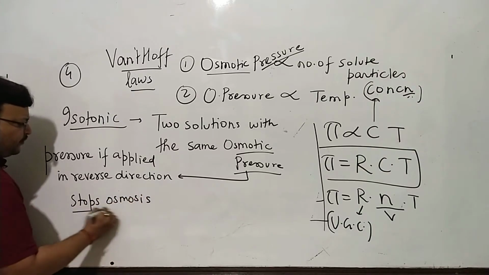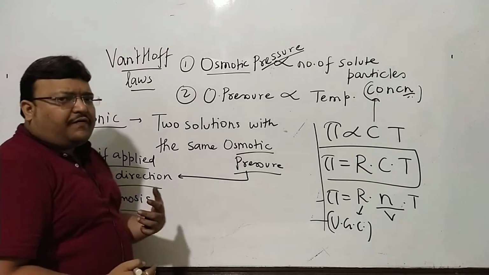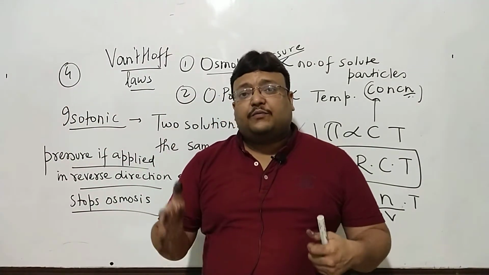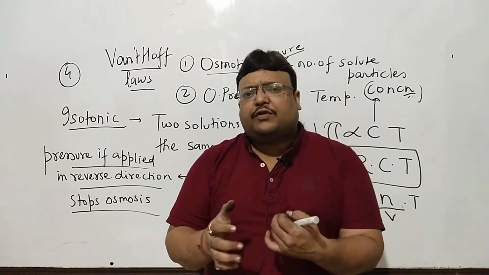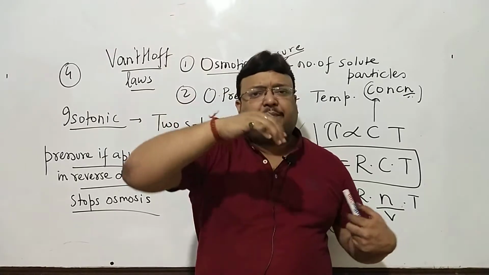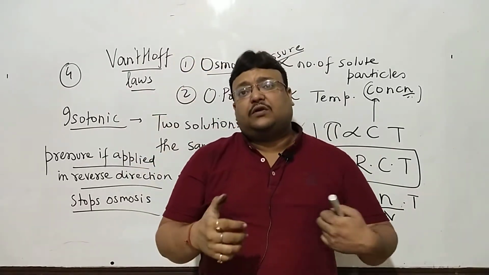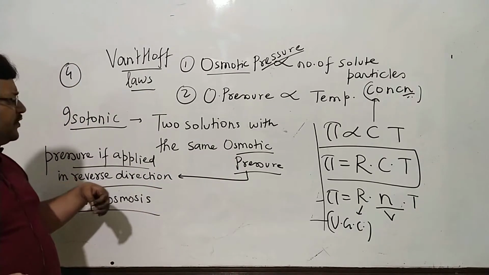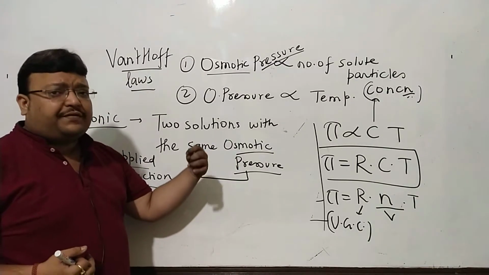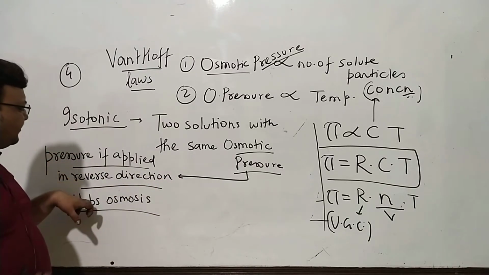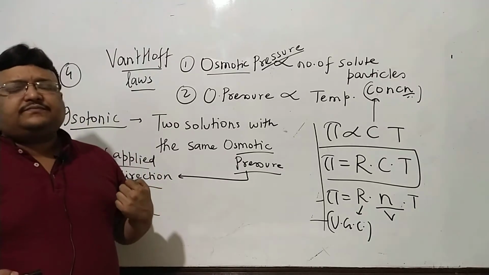So naturally, if water was moving from A to B in the previous example, the pressure which you need to apply over B so that osmosis stops is a very popular way of defining osmotic pressure. It could be defined as the pressure with which osmosis happens, or as the pressure which, if applied in reverse direction, can stop osmosis.